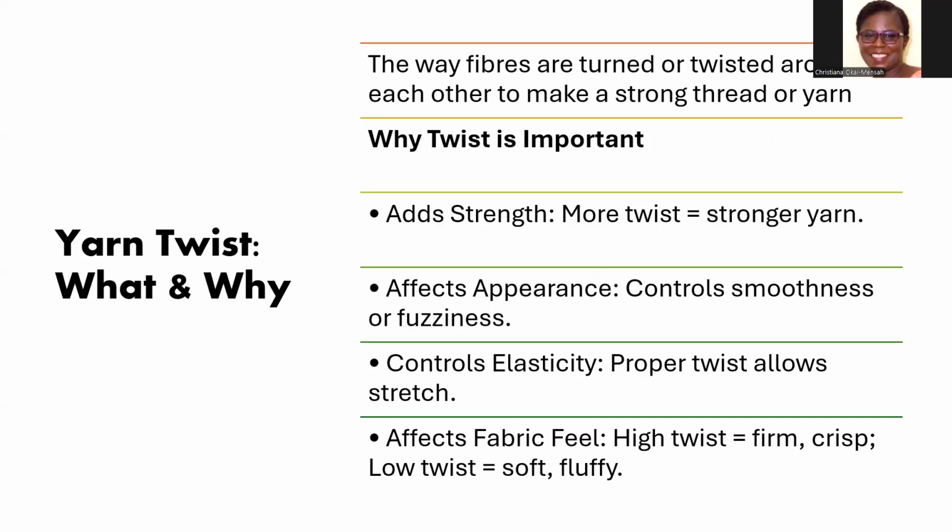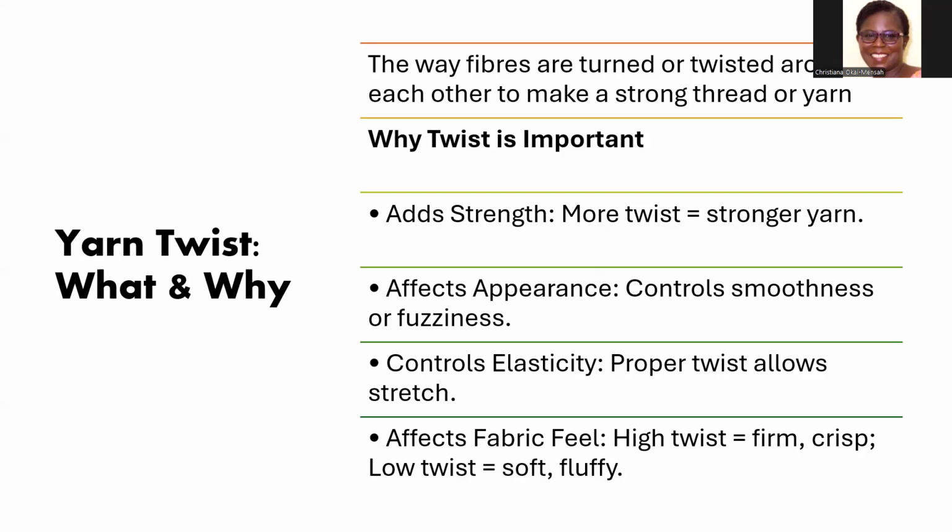Now this will move us to yarn twist. We are talking about yarn quality. How you spin or how you twist will determine the quality of the yarn. So we have yarn twist. The way fibers are twisted around each other to make a stronger thread or yarn is called the twist that we are talking about.